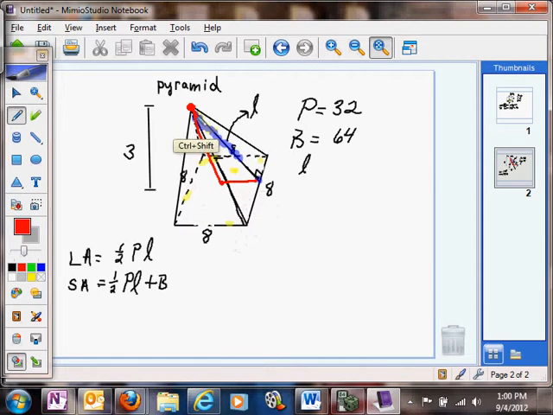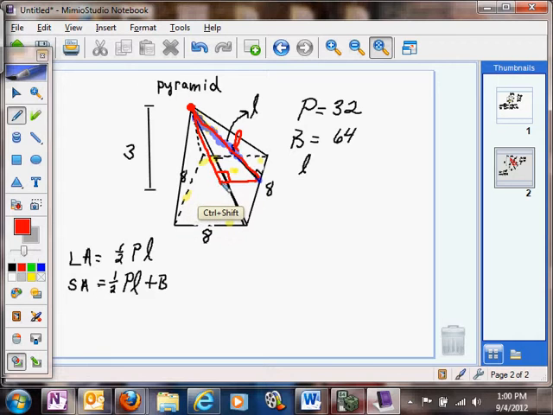This red triangle makes this L the hypotenuse of that right triangle. Let me say this again.